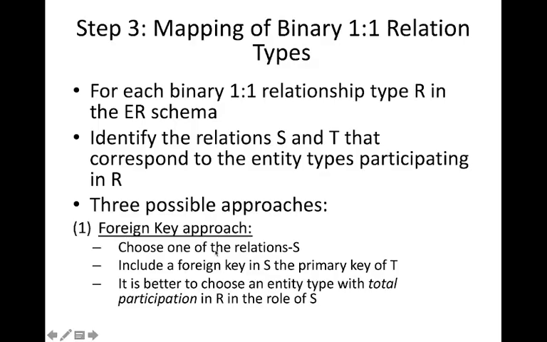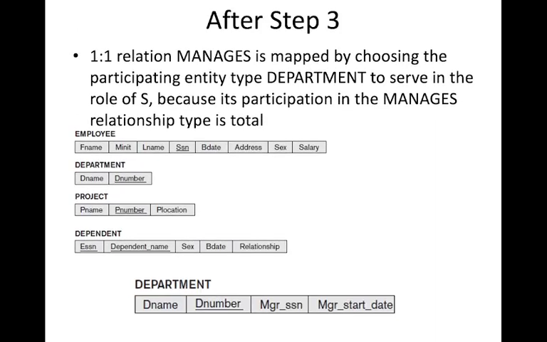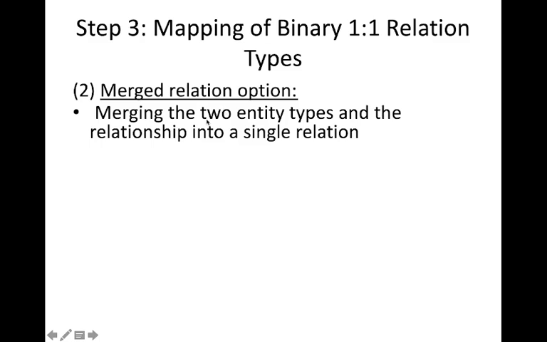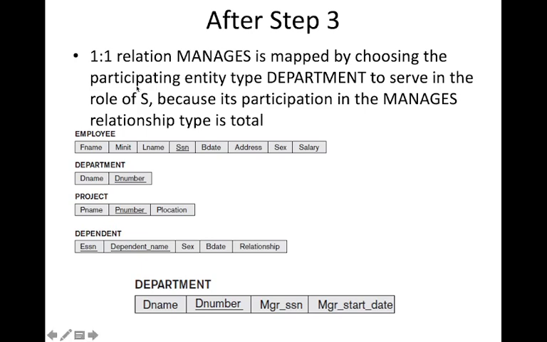I have mentioned that there are three possible approaches. This is the foreign key approach. Then there are two other ways to convert that. The second one we call the merged relation option. We will simply merge the two entity types and the relationship into a single relation. In certain cases, we can merge employee and department together to form a single relation.